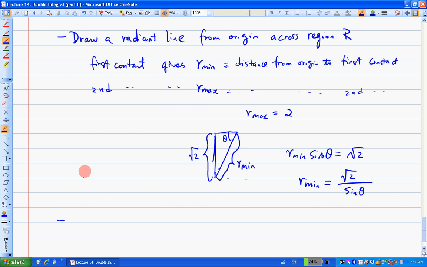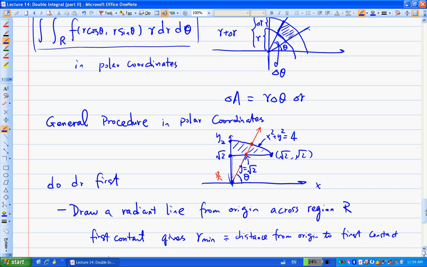Then the next step is to find the theta limits. So finding theta limits is what you do: this is the reading line that you drew here, right? So what you do is rotate this reading line.